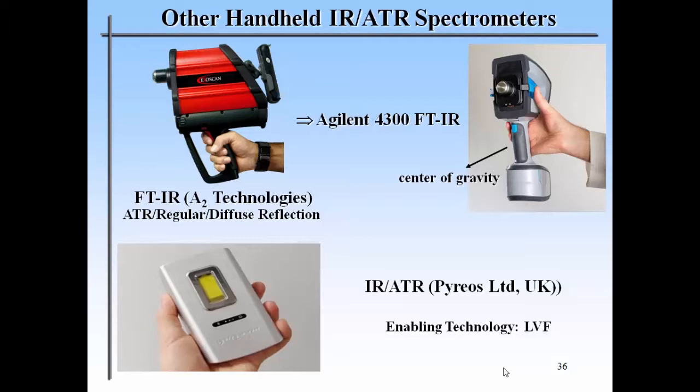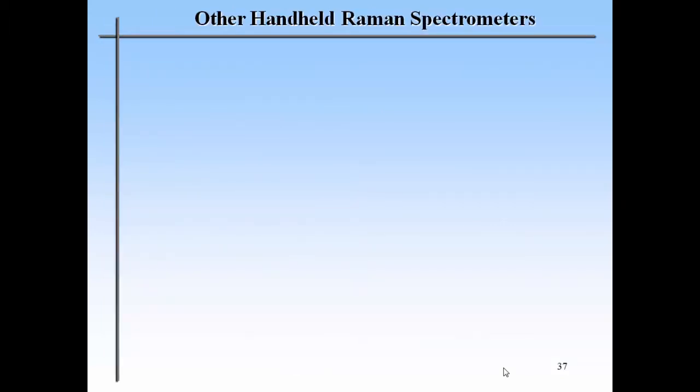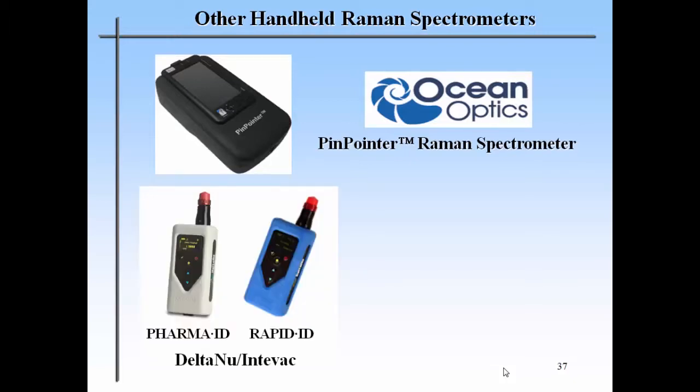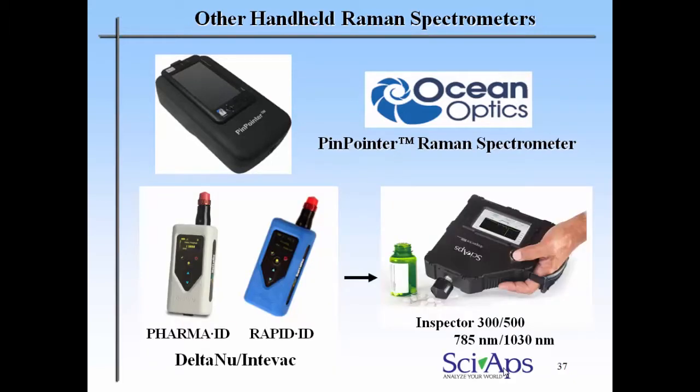The enabling technology is a linear variable filter, and we will have a look at this in more detail. There are other handheld instruments available. And here you have also 785 nanometer as well as near-infrared excitation.